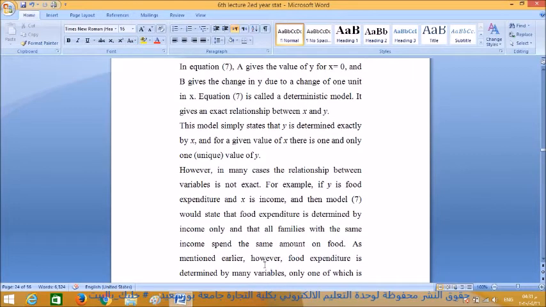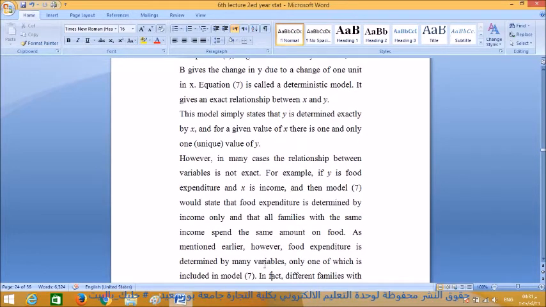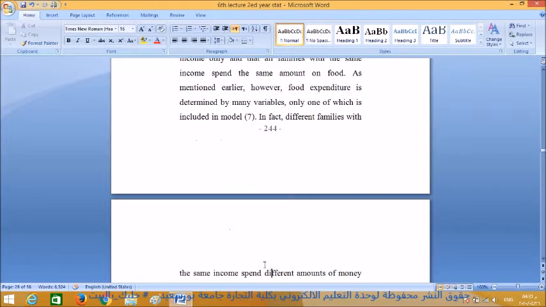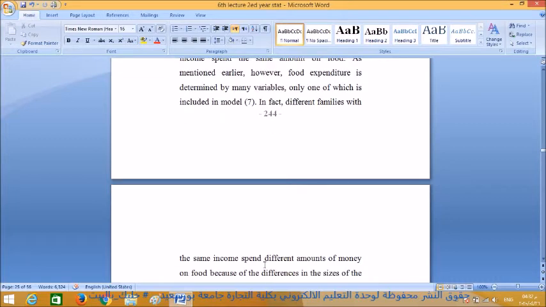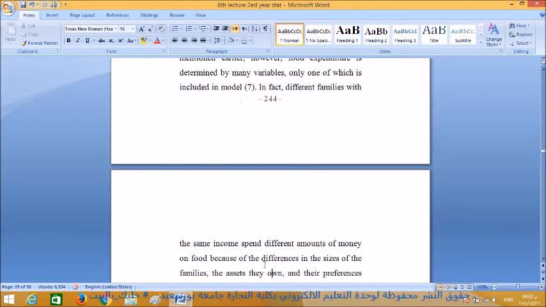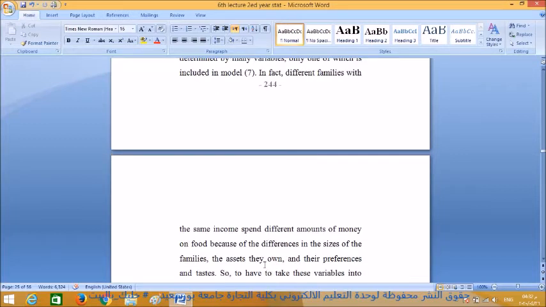However, food expenditure is determined by many variables, only one of which is included in the model or in the equation. In fact, different families with the same income spend different amounts of money on food because of the differences in the size of the families, the assets they own, and their preferences and tastes.